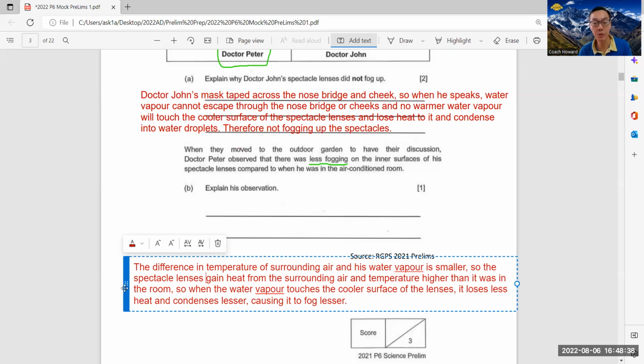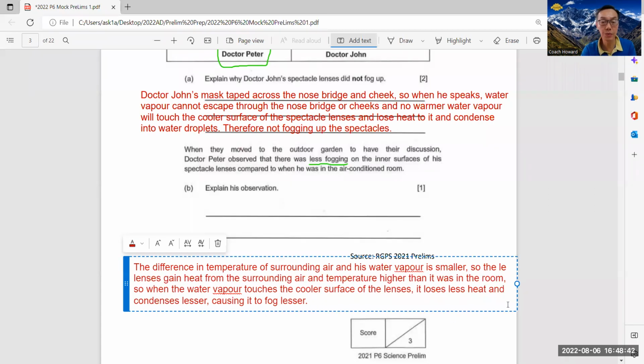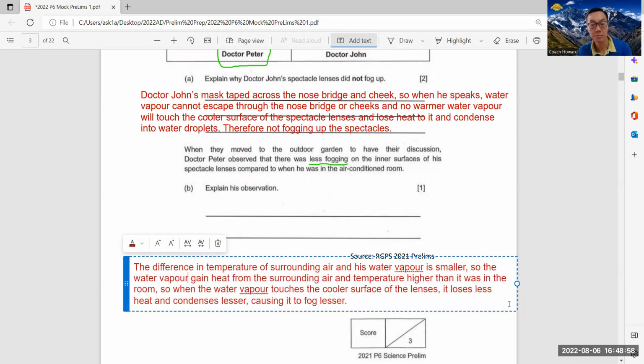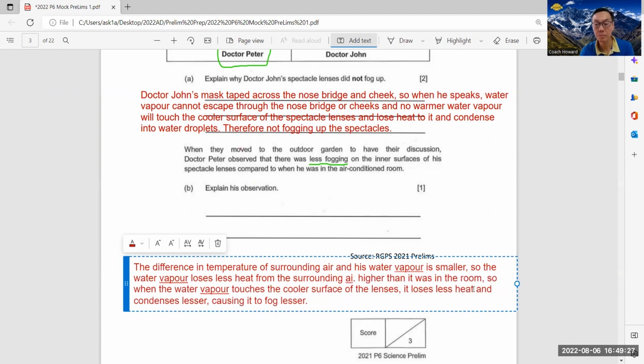Maybe I put it the other way: the water vapor loses less heat from the surrounding air, than it did in the room.